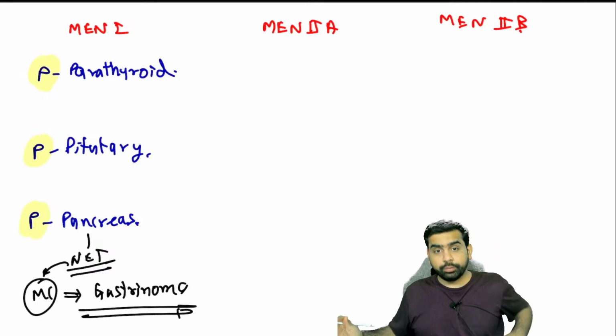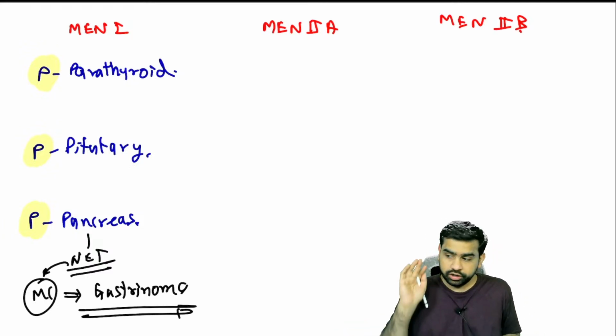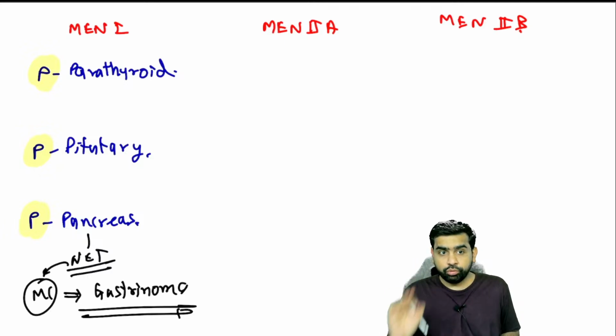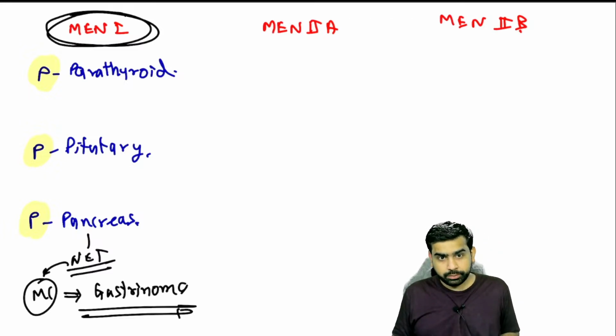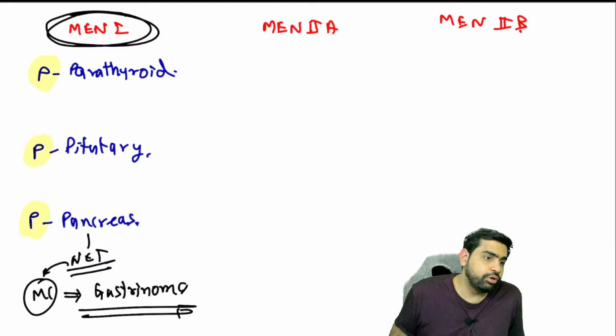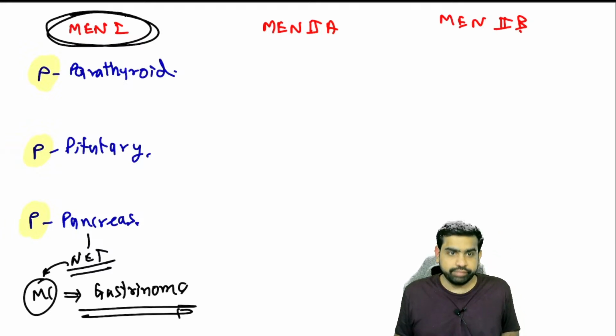Overall, the most common pancreatic neuroendocrine tumor is your insulinoma, but in the MEN1 syndrome, it is gastrinoma. Are you understanding my point? I hope you are able to understand this point, guys. Please do remember that.